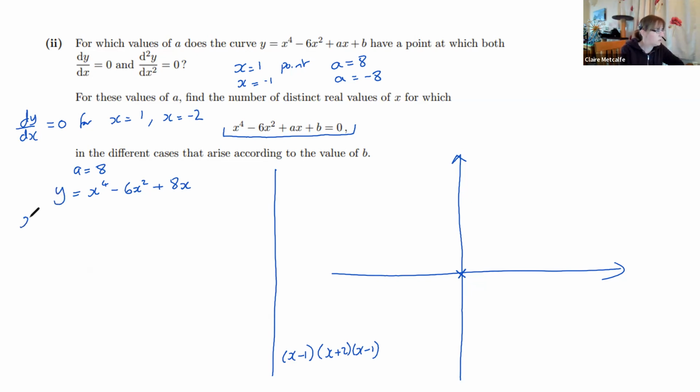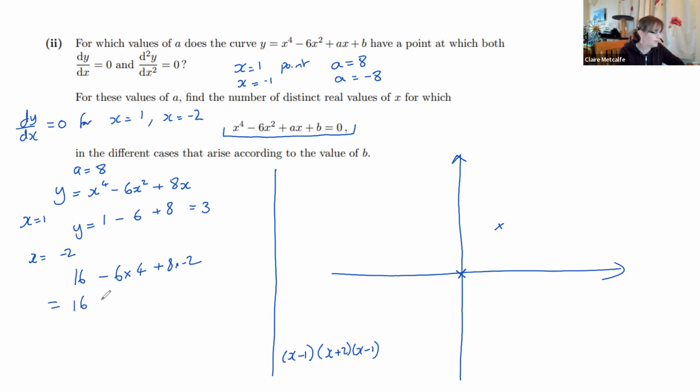Okay, so if x equals 1, y is equal to 1 minus 6 plus 8. That equals 3. So I know I've got the point 1, 3. Let's say that's about there-ish. And when x equals -2, I get (-2) to the power 4, that's 16, minus 6 times (-2) squared, which is 4, plus 8 times -2.